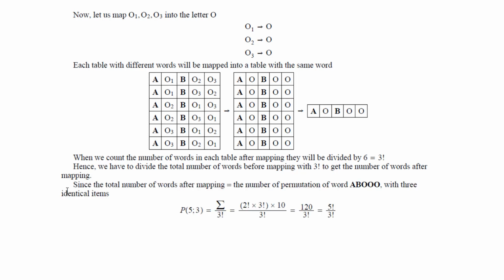So since the total number of words after mapping is equal to the number of permutations of the word AB with 3 O's, in such case the number of permutations of this 5-letter word with the 3 identical items is going to be equal to this 120 divided by 3 factorial, which is 5 factorial divided by 3 factorial.